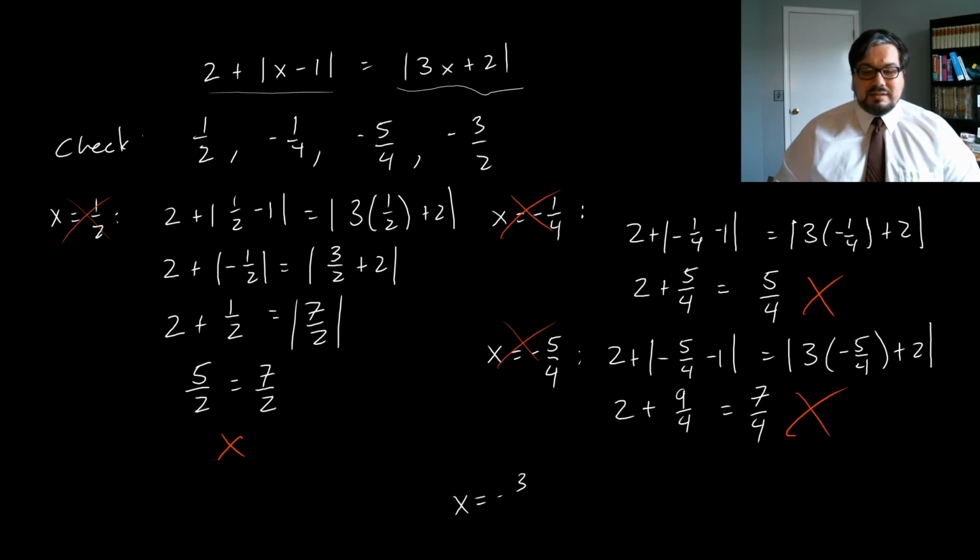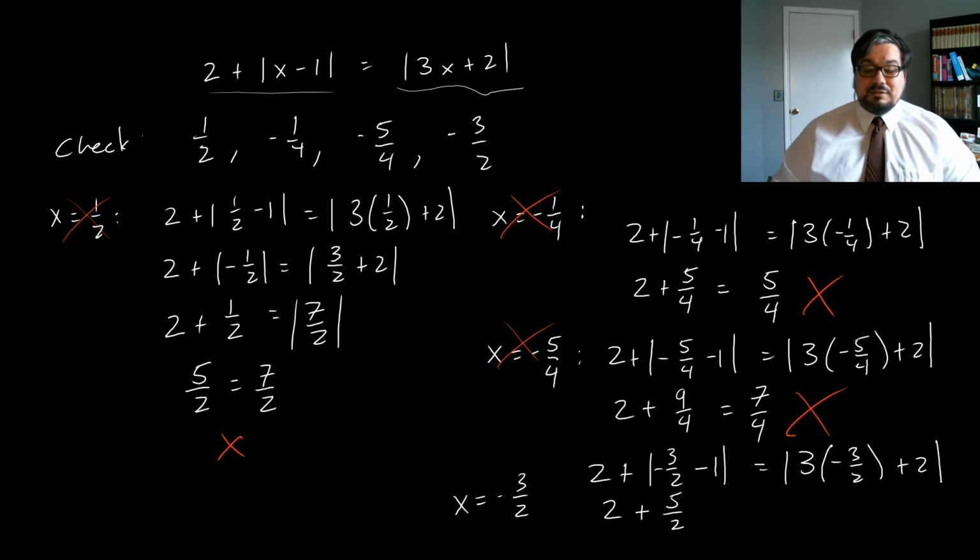Let's check x equals -3/2. From that we get 2 plus the absolute value of -3/2 minus 1 equals the absolute value of 3 times -3/2 plus 2. We'll get 2 plus -3/2 minus 1 is -5/2. The absolute value of that is +5/2.